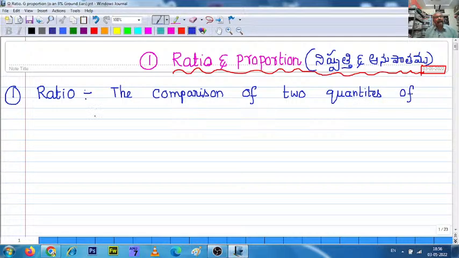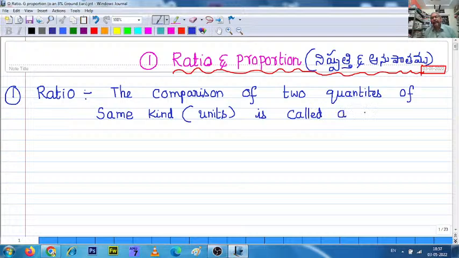This is very important. Of the same kind. That means they must be in the same units. So this is called a ratio. This is the concept of ratio.